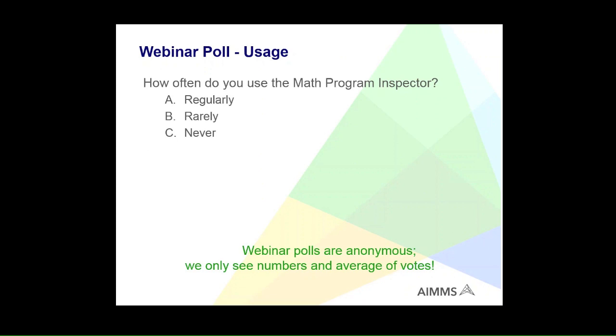So let's start with a quick poll. How often have you used the Met Program Inspector? There are three options: regularly, rarely, and never. Okay, I've launched the poll. It's not a difficult question, so I think 10-15 seconds will do.